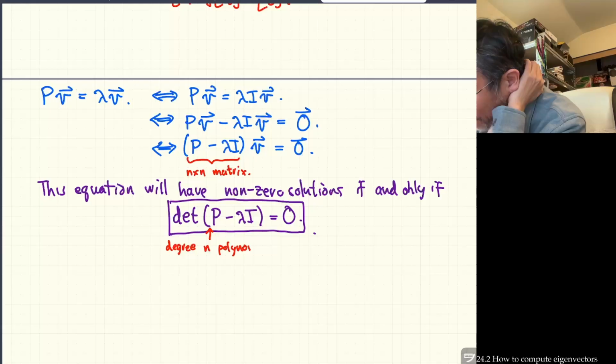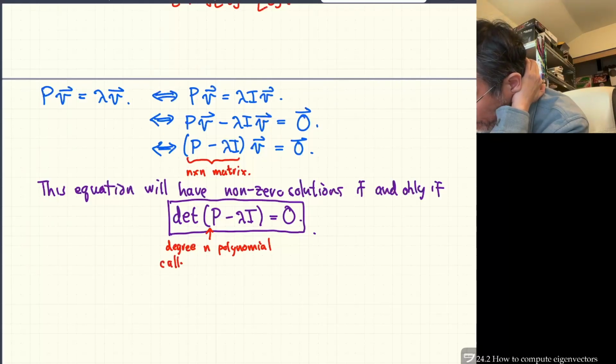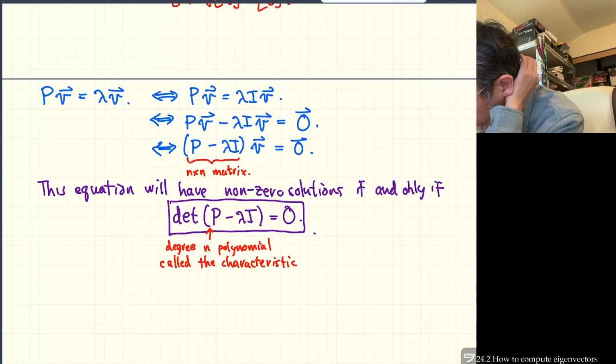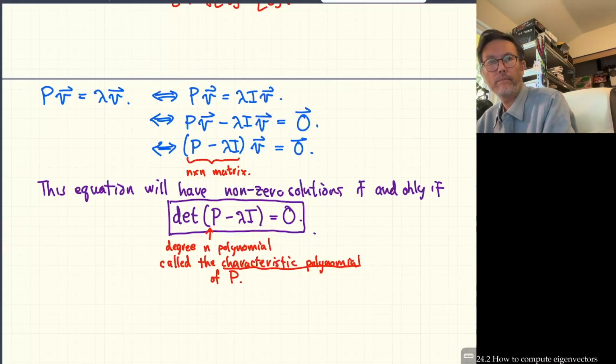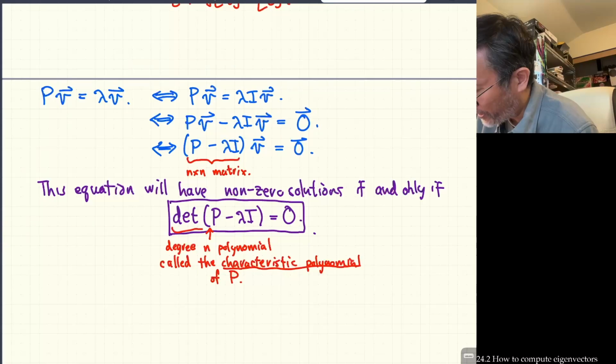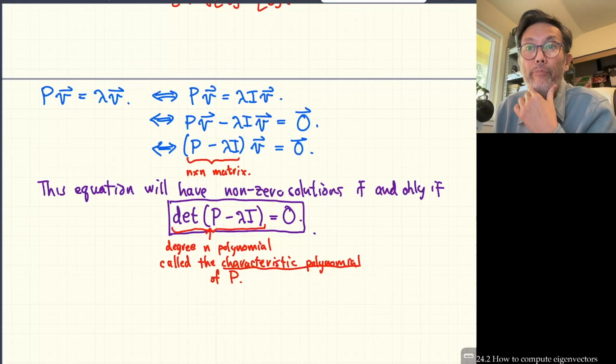The determinant ends up being a degree n polynomial, and it's called the characteristic polynomial of P. I'm saying this is a degree n polynomial, and it's called the characteristic polynomial of P.